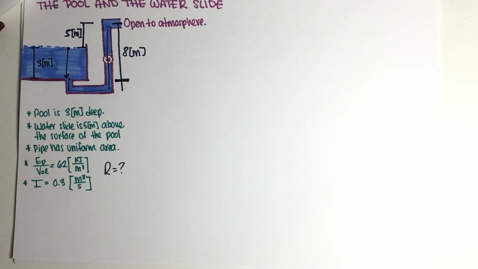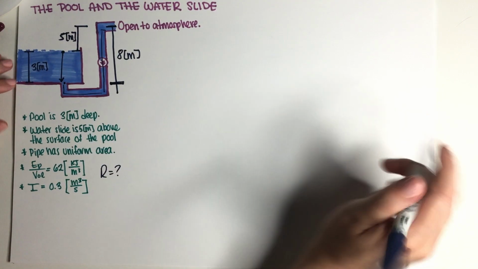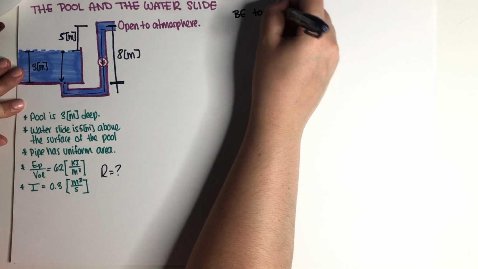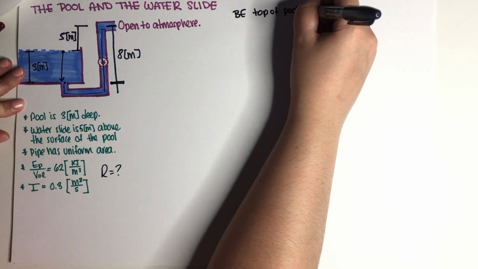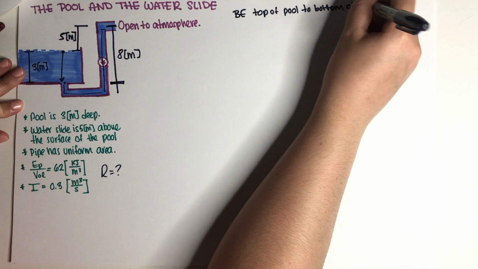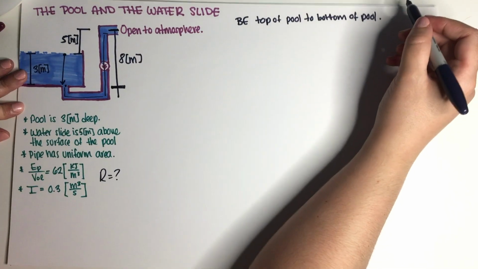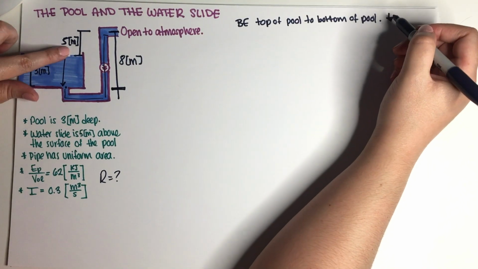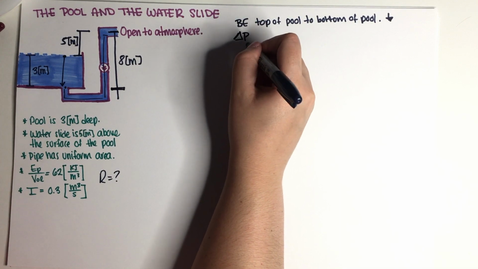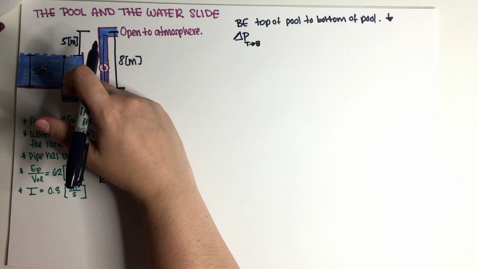I'm gonna start at the top of the pool and then bring this down to the bottom. So I'm gonna use my Bernoulli equation from the top of the pool to the bottom of the pool, which obviously implies that I'm going downwards from top to bottom. So this is delta P from top to bottom.